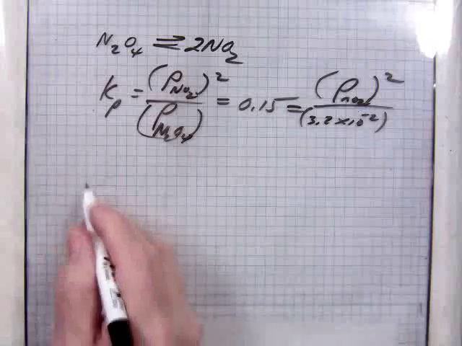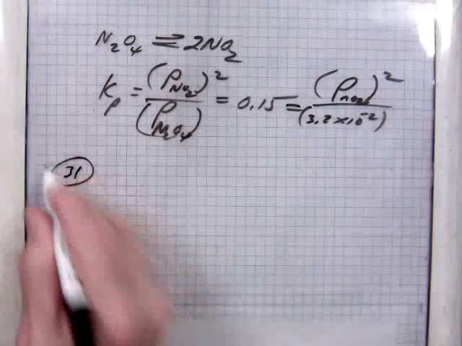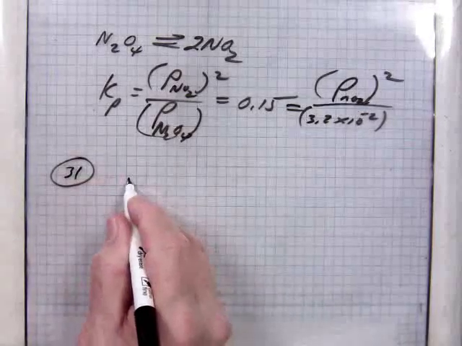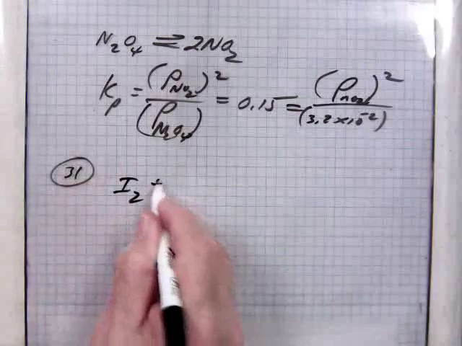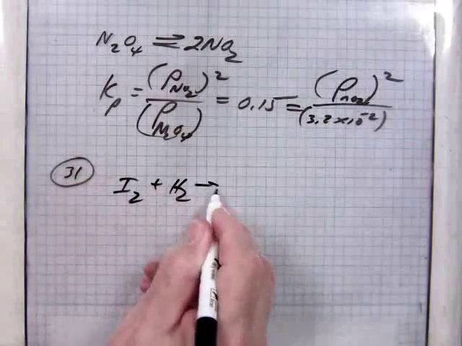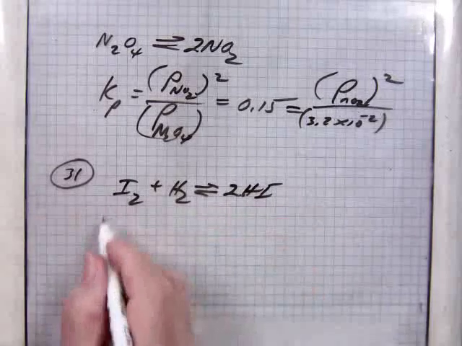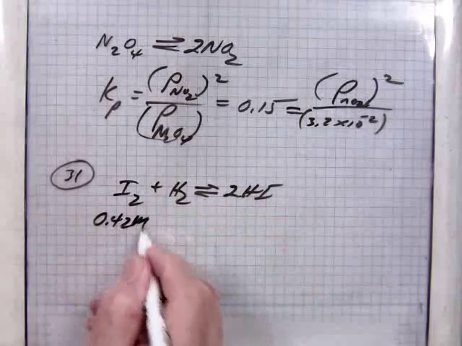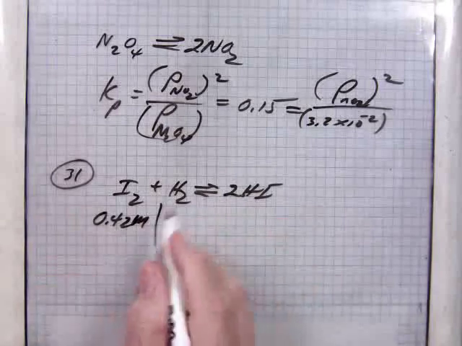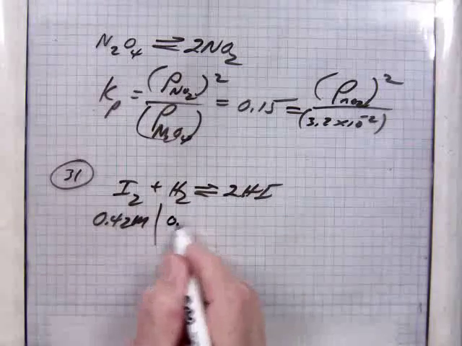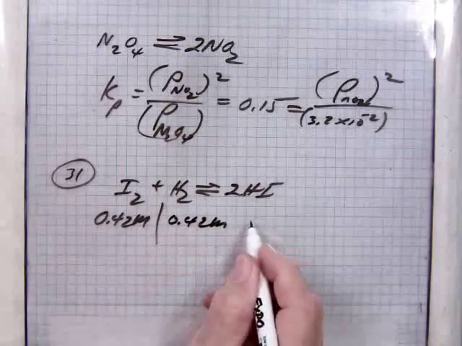So for 31, which way are we going here? I2 plus H2 gives 2HI, and so you have 0.42 molar, because it's divided by 1 liter.